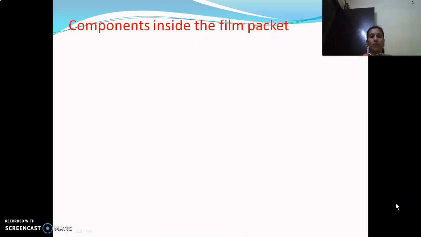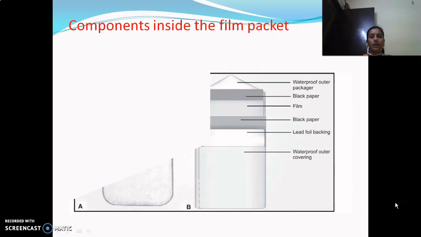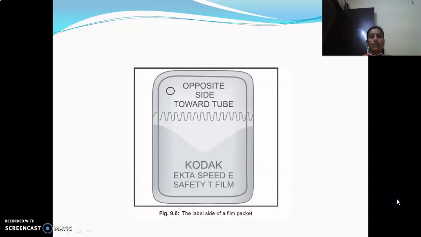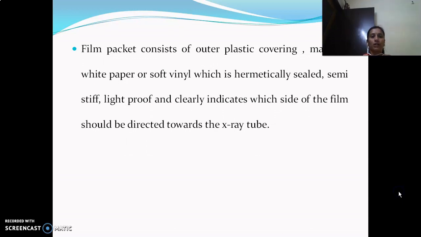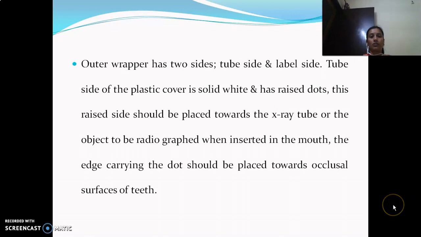So coming to the components present inside the film packet, there are mainly 4 components. The first is the outer plastic covering, which is made up of white paper or soft vinyl, which is hermetically sealed, semi-stiff, light-proof and clearly indicates which side of the film should be directed towards the X-ray tube.